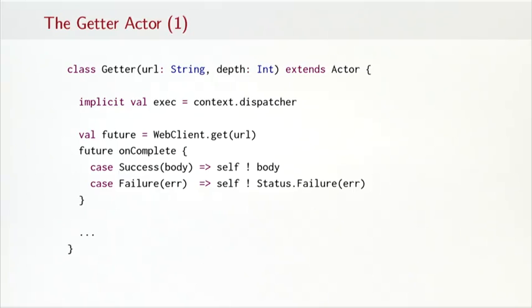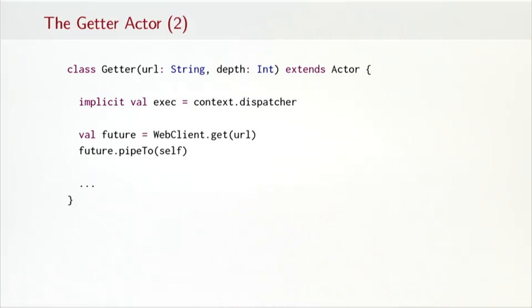In order to make the actor aware of this, we need to send it a message. That's all actors do. So in case of a success, we retrieve the body string that we obtained and send it to this actor for further processing. If it is a failure, we also send it to this actor wrapped as a status failure message.